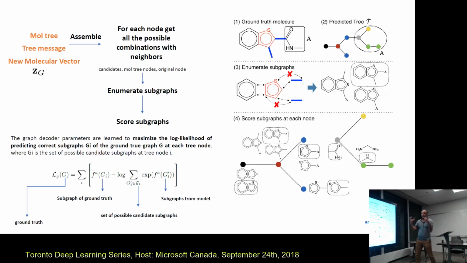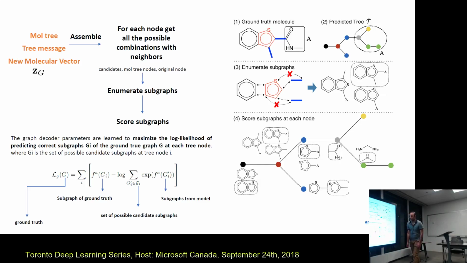Then it starts enumerating, combining them together and finding different ways of combining these substructures. Each time it creates a new structure, the structure gets scored, and based on the scoring, it gets rejected or accepted. So this is the process.